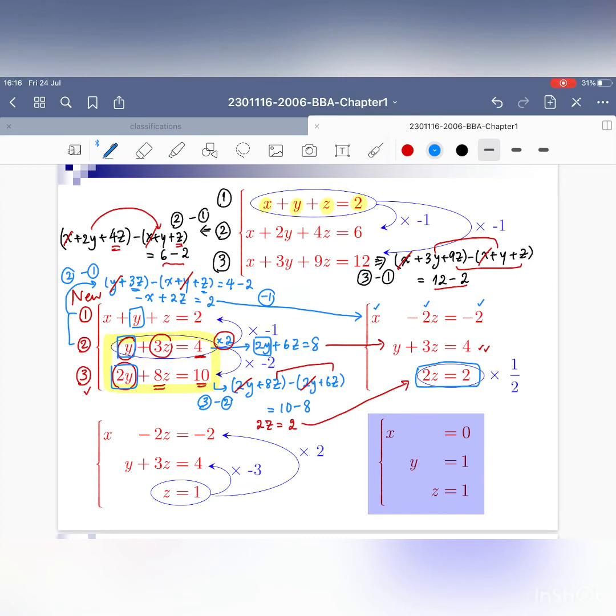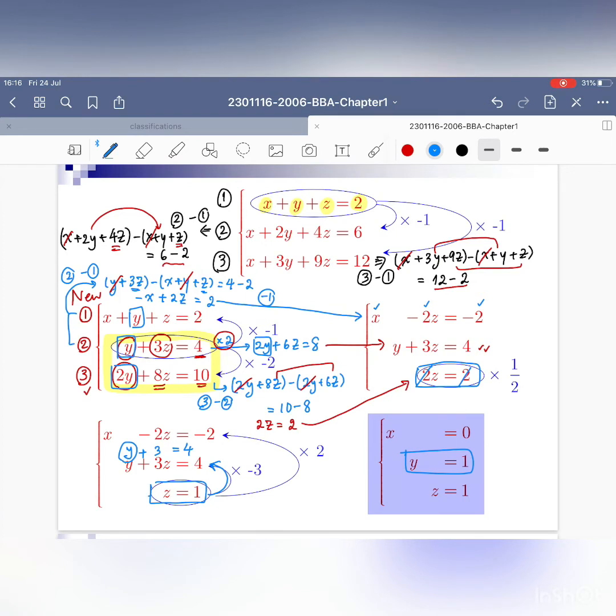So you just divide both sides by 2 to get z equals 1. After you have z equals 1, you can plug z into your second equation, so you have y plus 3 equals 4, so you immediately obtain y as 1 as well.